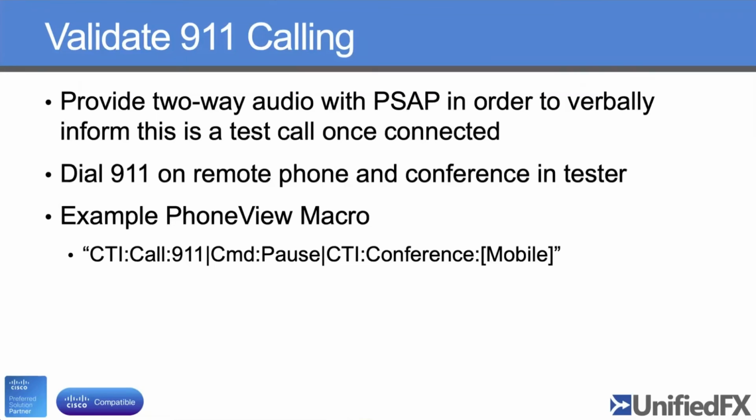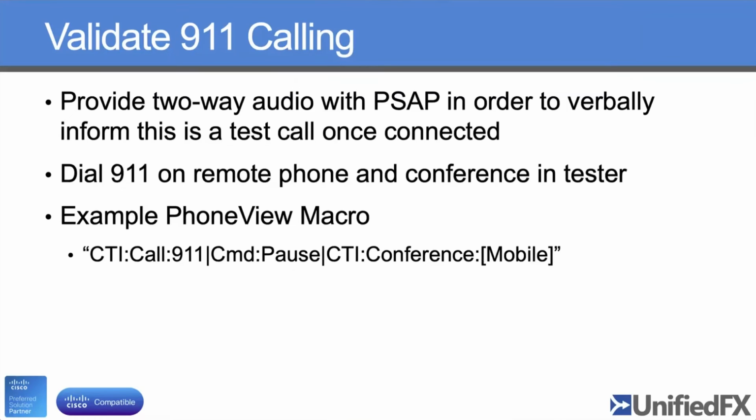And the way you do two-way audio with the public service answer point, because you're not physically in front of that remote phone, using that macro as an example, is to get the remote phone to dial 911, maybe wait a little bit, and then perform a logical CTI conference call into your mobile number, another phone on the cluster, or whatever.